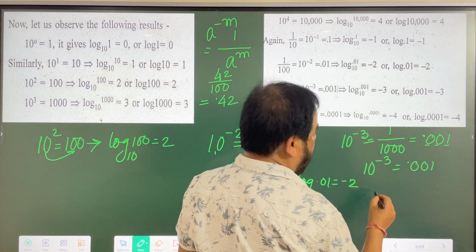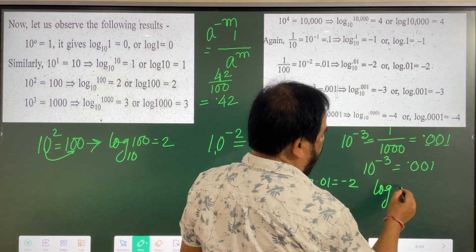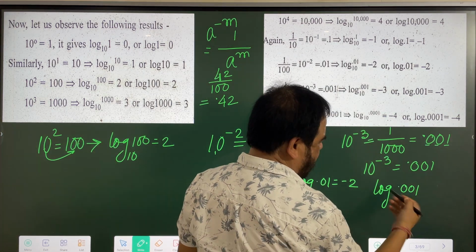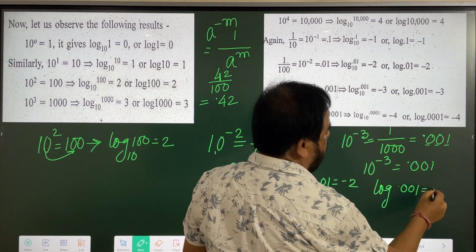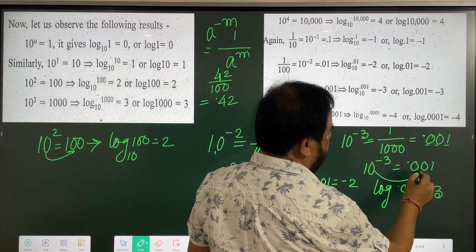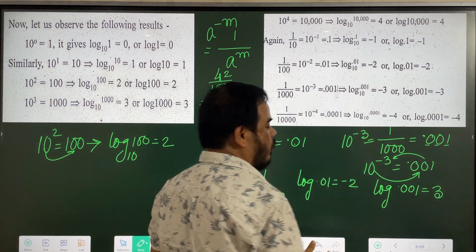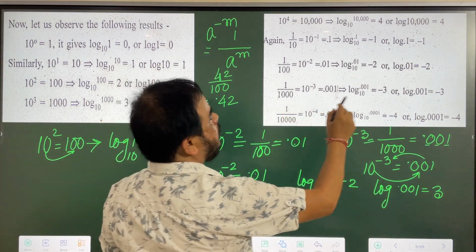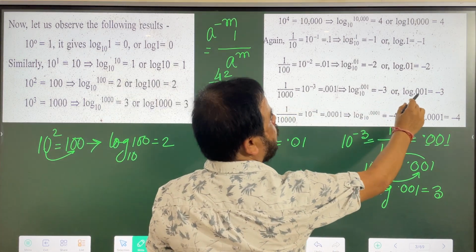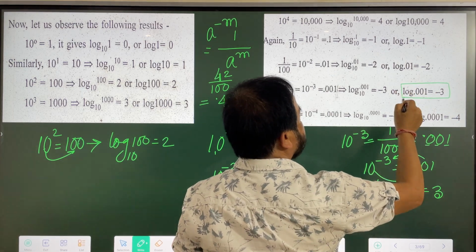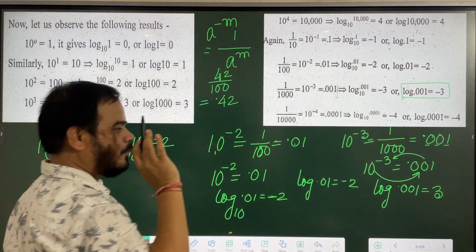How can we write this in log now? Log 0.001 base 10, no need to write the base, equals minus 3. So log 0.001 is equal to minus 3. I hope you understand this.